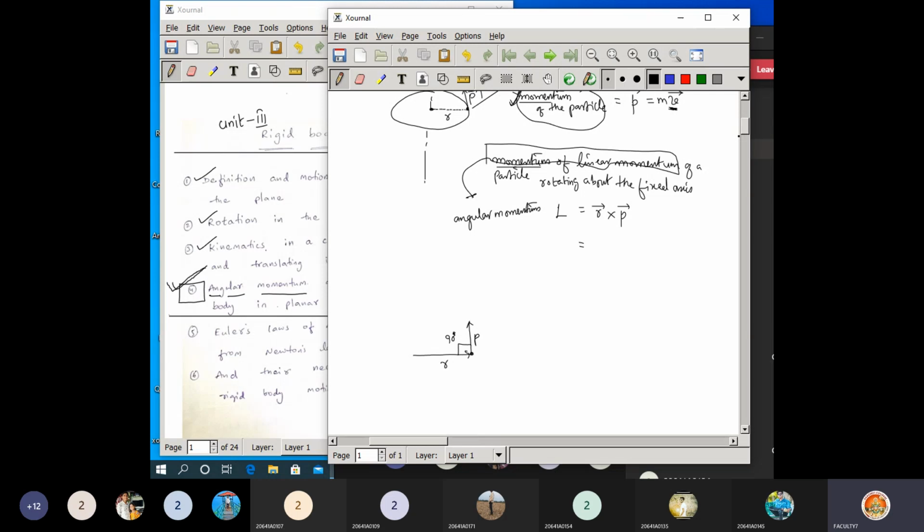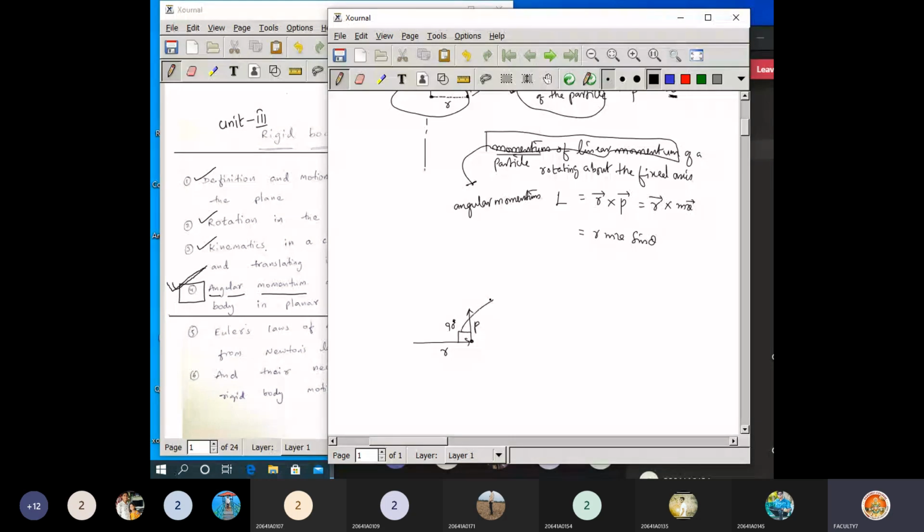Now here, if you want to remove the cross product, I can write this as r mv sine theta. Now what is the value of theta here? This is theta here. This is equals to 90 degrees. So now if you go with the substitution here, what you will get? R mv sine 90 degrees. Now here sine 90 value is 1.